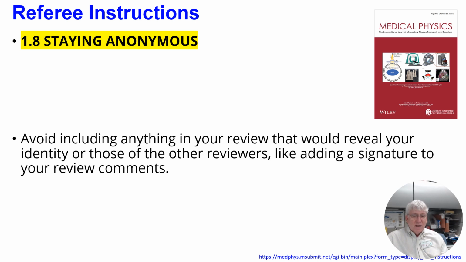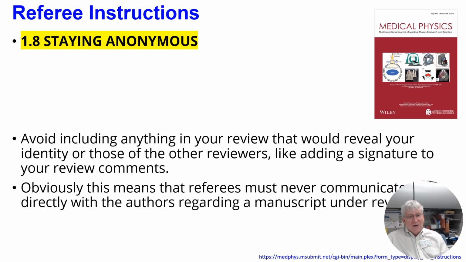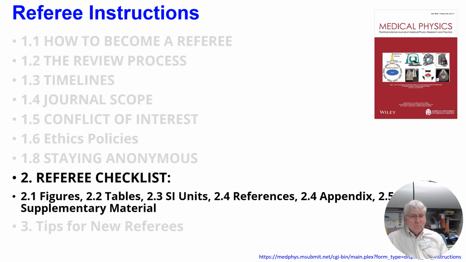So avoid including anything in your review that would reveal your identity or those of other reviewers, like adding a signature to your review comments. Obviously, this means that referees must never communicate directly with the authors regarding a manuscript under review. So this is important, yes.